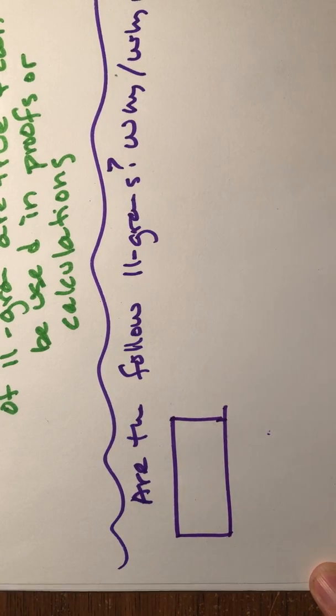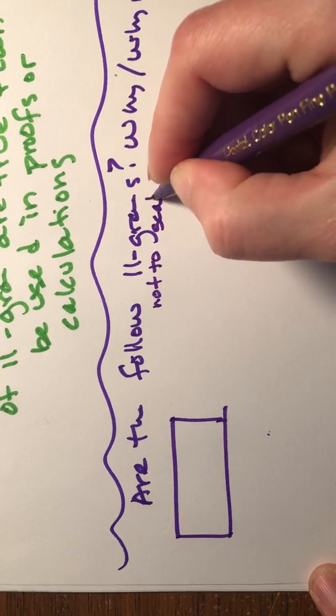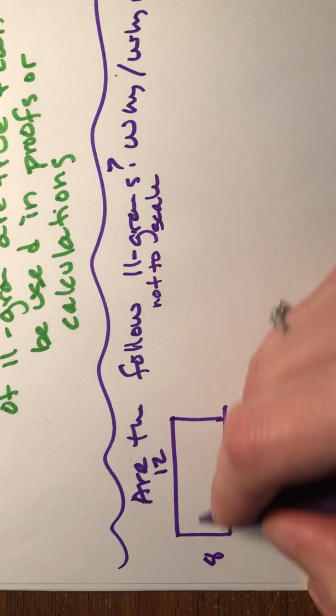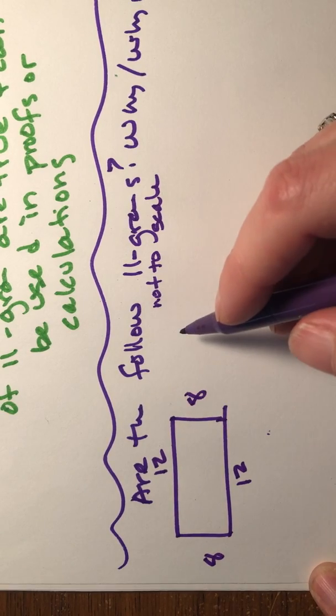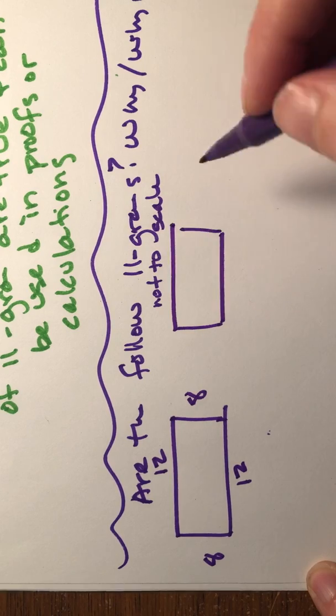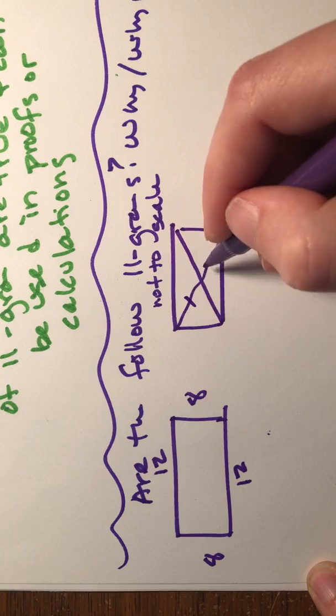These pictures are not to scale. What I want you to do is to pay attention to the features that I've marked. Are things congruent? Are things parallel? What do we know about them?